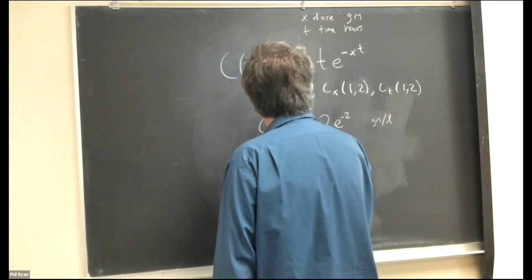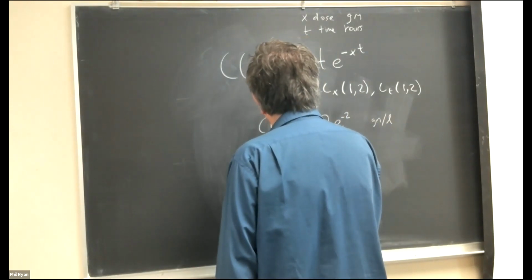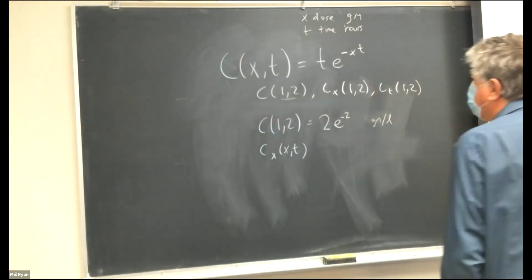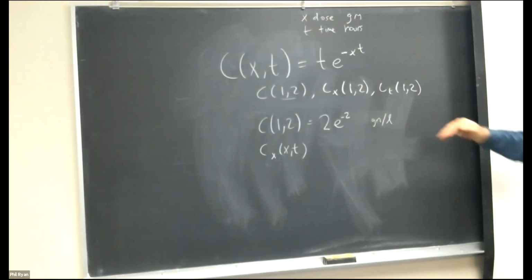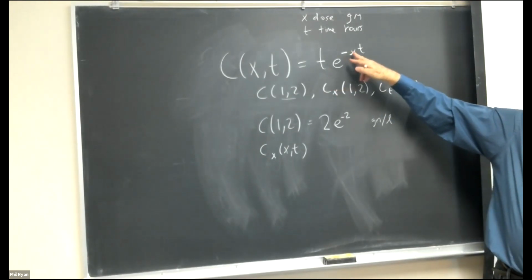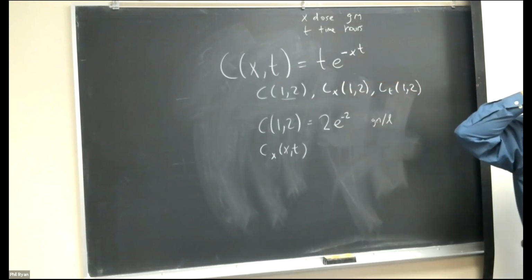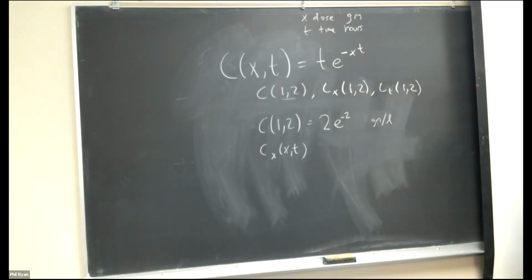So C_x, or the partial derivative with respect to x. What happens? We treat the t as a constant, and we treat the x as the variable. So this is just taking the derivative of an exponential function.